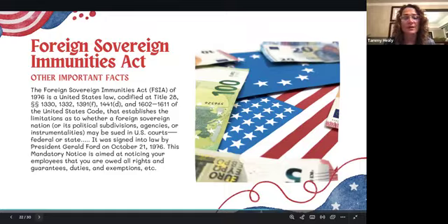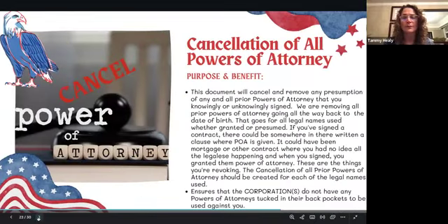And so this Foreign Sovereign Immunities Act is basically telling them that you are well aware of your exemptions, and by law, they are to abide by it.